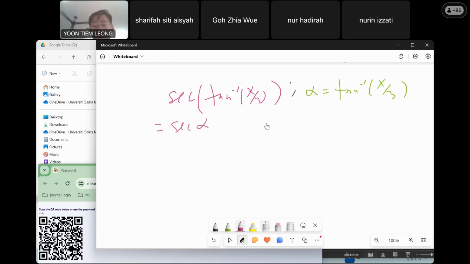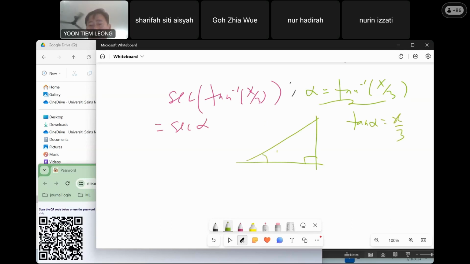So the first thing you do is, again, like what we have done in the previous slide, translate this very simple inverse trigonometric function into a right triangle. That statement is the same as saying tangent alpha is x over 3.